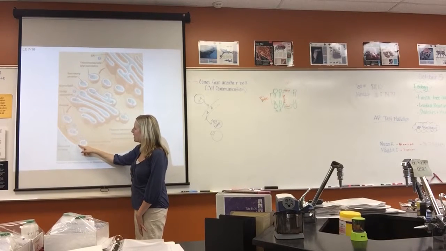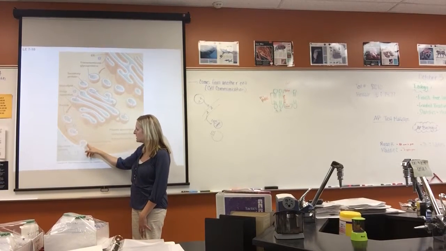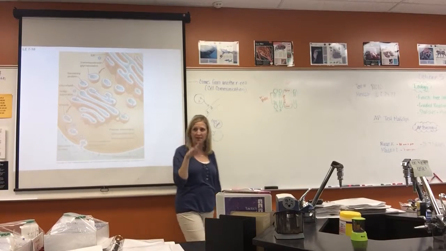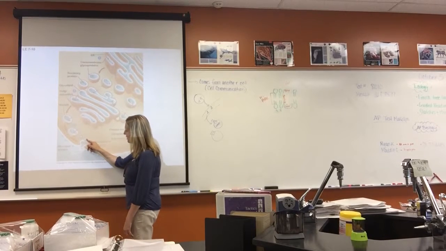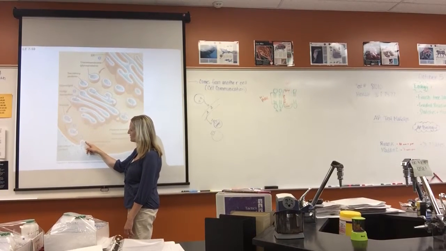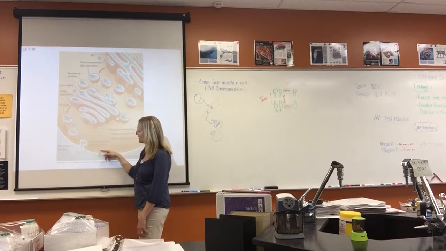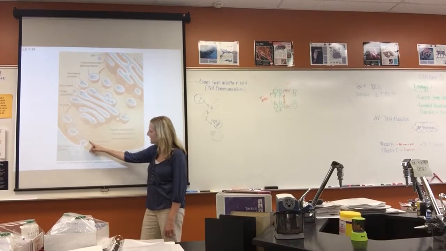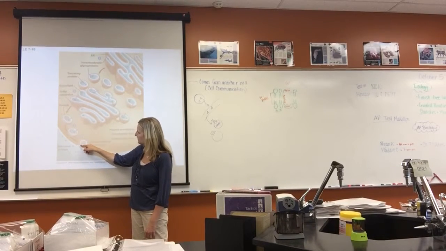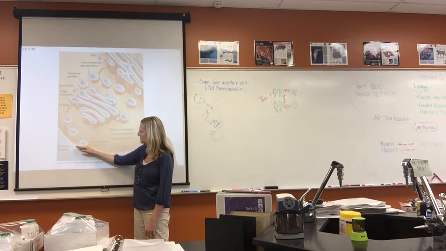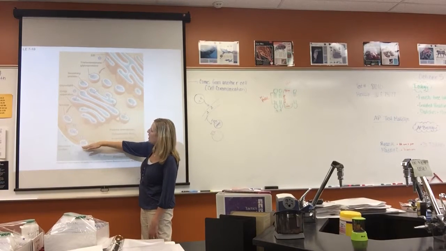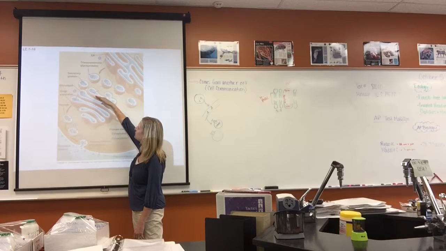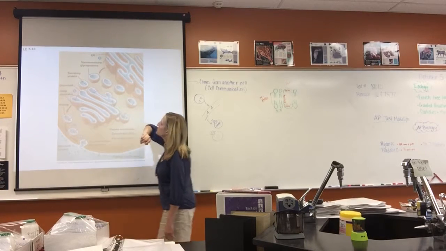We talked on Friday about how when the transport vesicle binds to the cell membrane, the membrane that was part of the transport vesicle becomes part of the cell membrane. So any proteins embedded in the membrane of the transport vesicle become embedded in the cell membrane. Here we have a glycoprotein, a protein with a carbohydrate chain. It's in the transport vesicle, and when it fuses, it becomes part of the cell membrane. Going backwards, it came from the transport vesicle, which got modified by the Golgi, and was originally made in the ER.